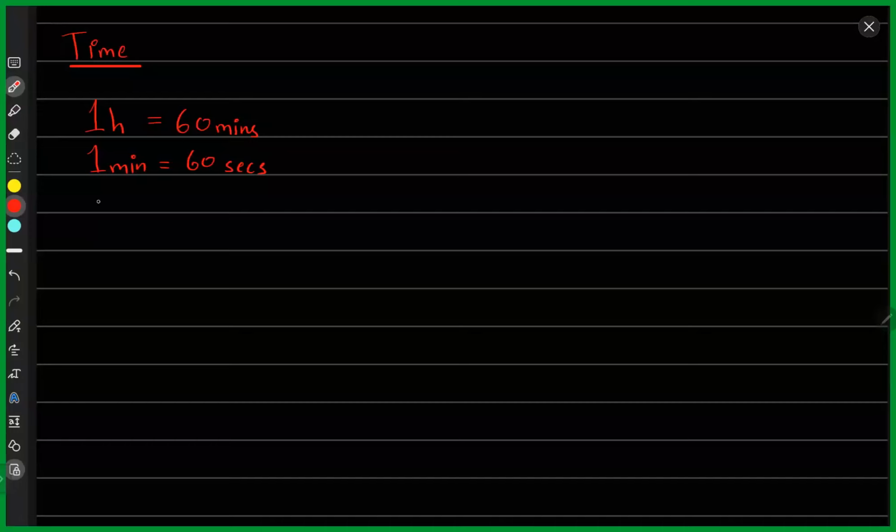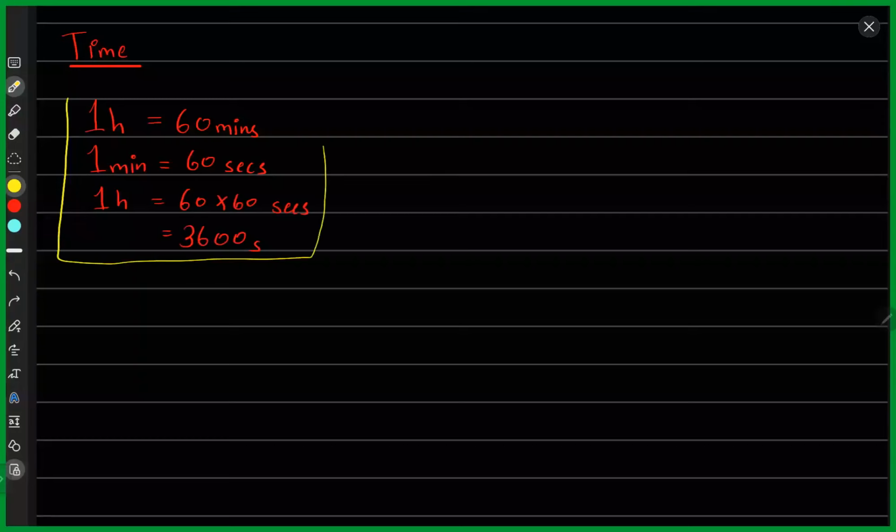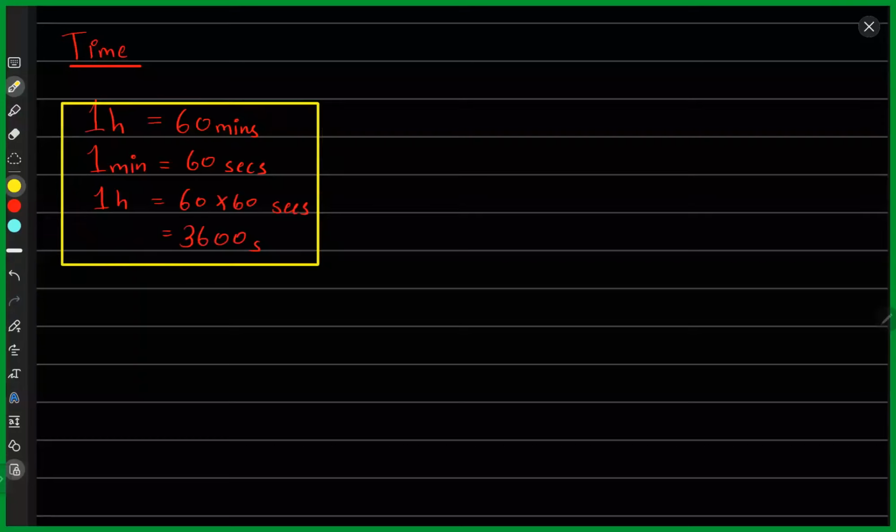And then if I talk about 1 hour, 1 hour has 60 multiplied by 60 seconds. That would be 3600 seconds. Okay, so this is just some basic stuff that we need to understand in order to convert time from one unit to the other.